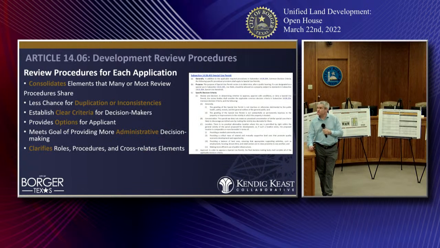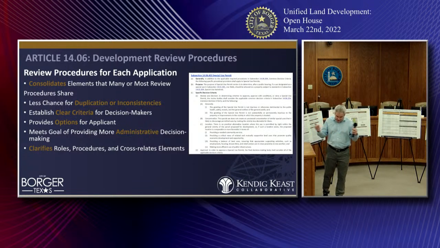So grouping these procedural items together, the advantages are sort of like having the ULDO itself: it cuts down on duplications and inconsistencies, and makes things very clear as far as what the decision criteria are that the staff is considering when they approve or disapprove a submittal, or the city council or P&Z or Board of Adjustment even.